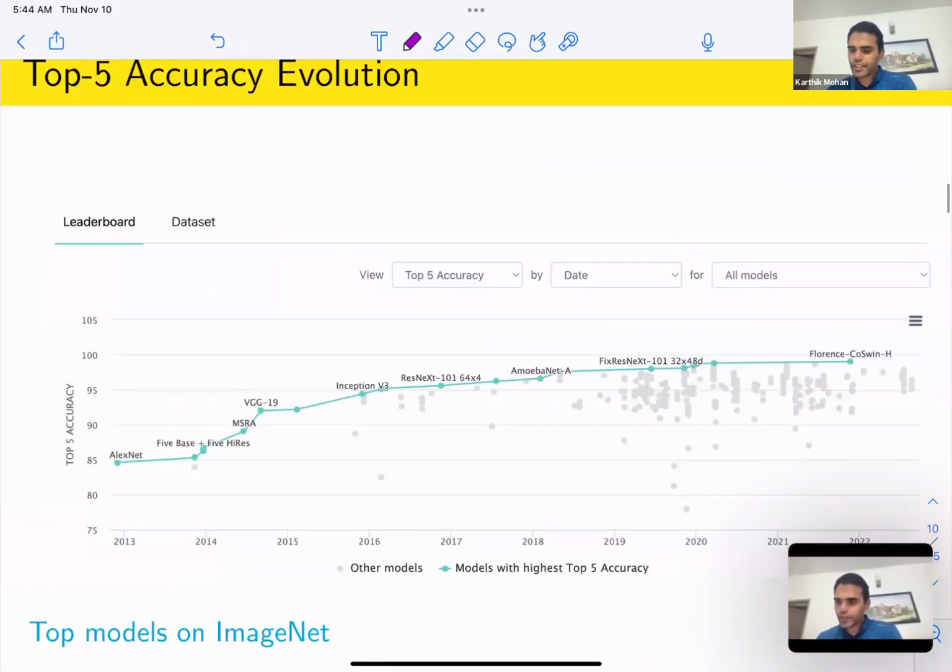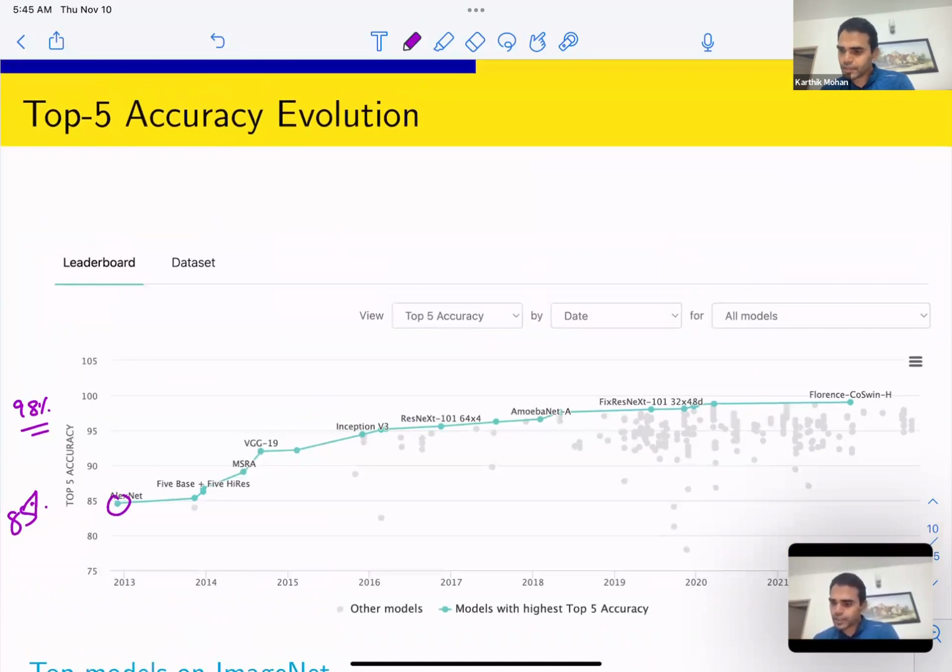So top 5 accuracy, as we know, is always better than top 1. So you see in the evolution, we start at 85% for AlexNet. And as of today, I think we are close to 98% or something, which is pretty high. So this has also gone up quite a bit.